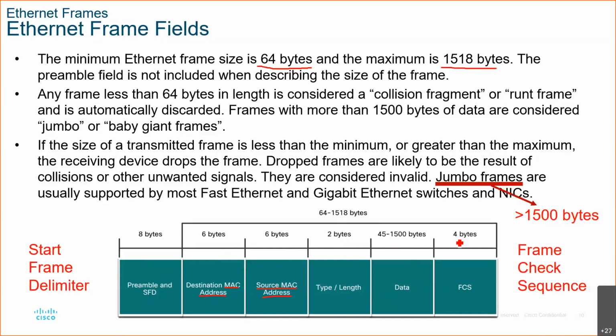And right at the end, 4 bytes is given to your frame check sequence. Okay, so this will ensure that there is nothing wrong with your frame. Now it says over here 45 to 1500 bytes. Now what happens is sometimes when you get more than 1500 bytes, okay, in those situations we call it jumbo frames, okay, when you get more than 1500 bytes.